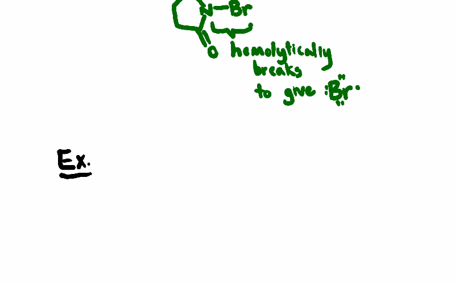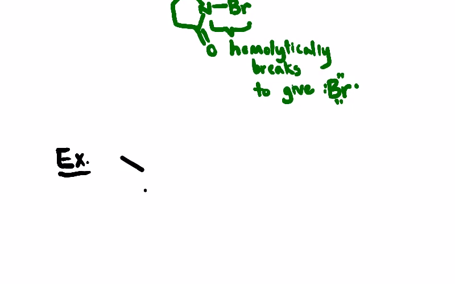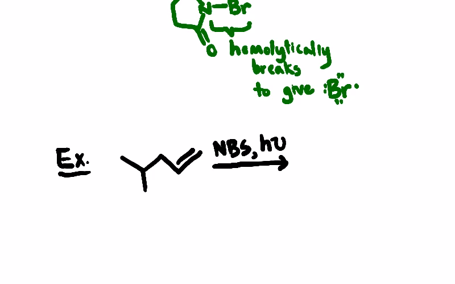In this example, what we're going to do is start with our alkene starting material. And I'm going to put NBS as our reactant. And I'm also going to give us some light and heat to trigger and help us form that radical.